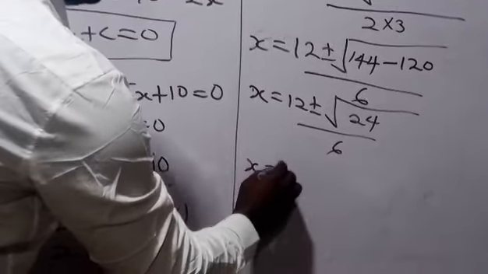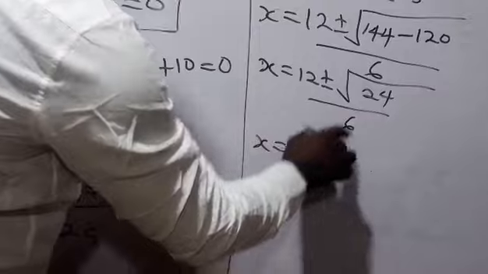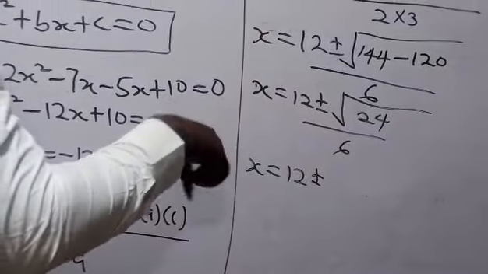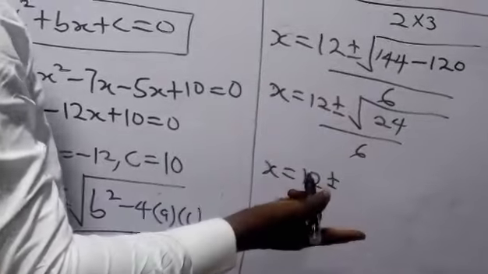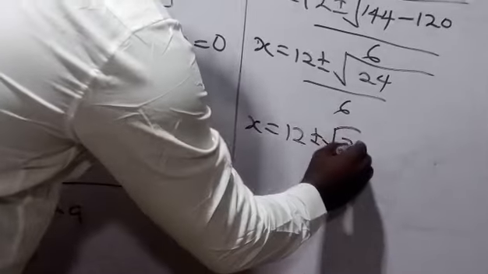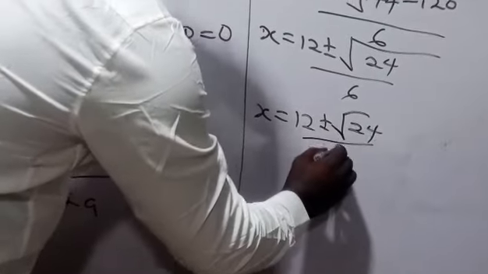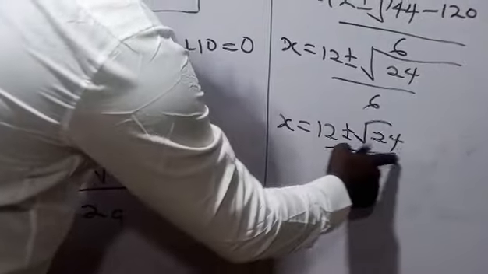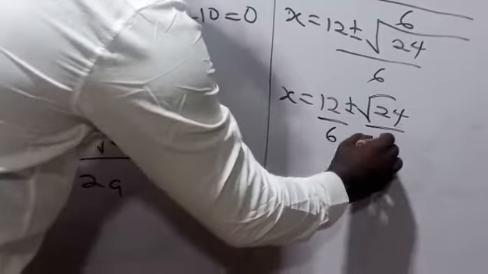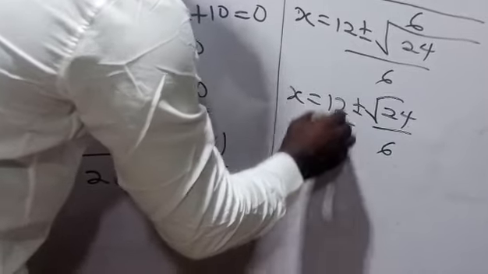So x is now equals to 12 plus or minus root 24. This one can give me 12 times 2, 8 times 3, 6 times 4, so I will leave it as such. So it will be root 24 over 6. If I split it, 12 over 6 and root 24 over 6, this will cut this, this will be 2.